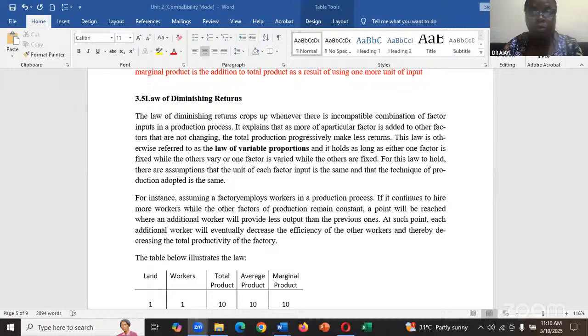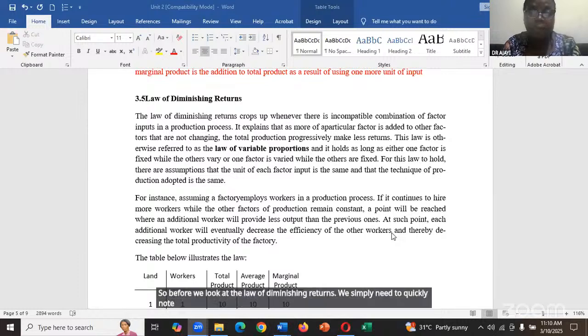So before we look at the law of diminishing return, we simply need to quickly note the difference between short run and the long run.